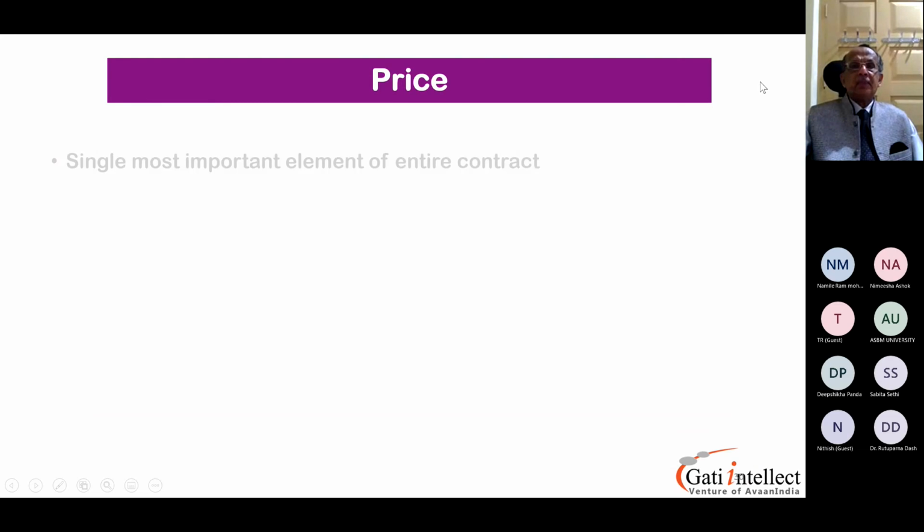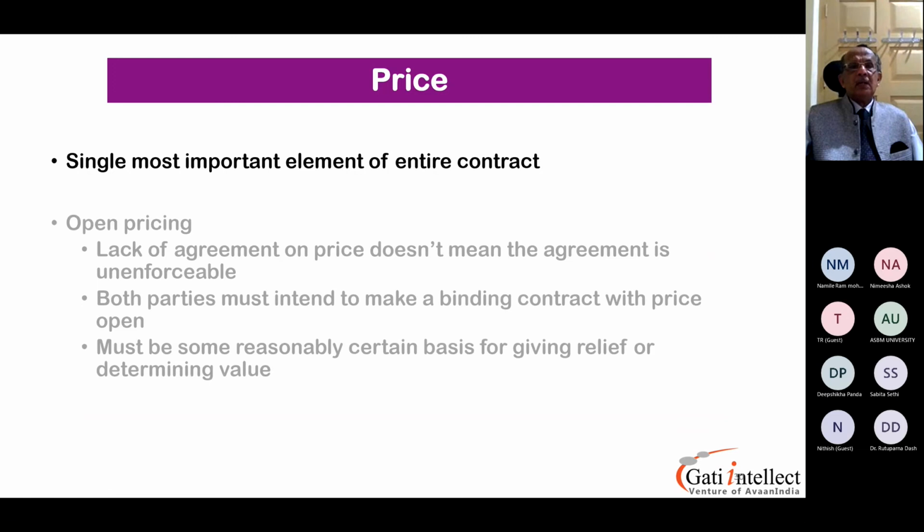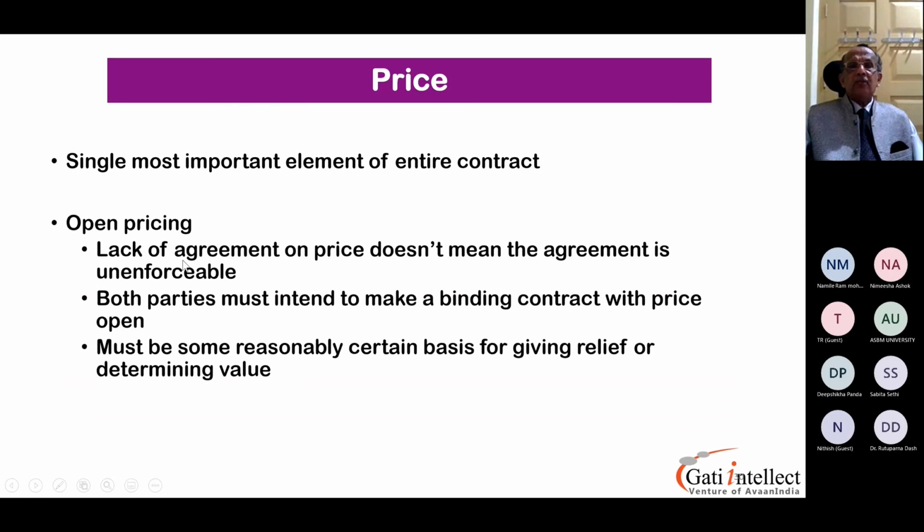Then the price. Single most important element of the entire contract. Open pricing. Lack of agreement on price does not mean the agreement is unenforceable. Now you may have your own doubts seeing this particular one.